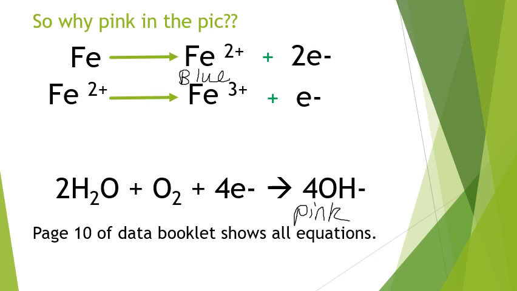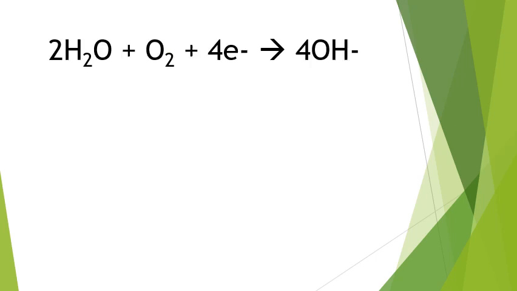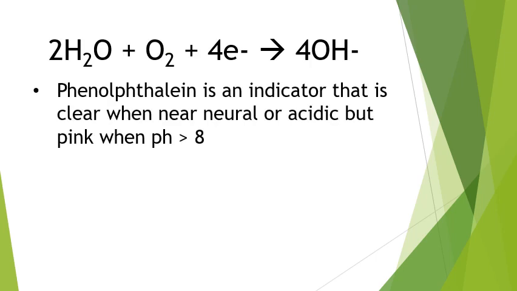So, if you were to do this experiment with phenolphthalein indicator only, then the indicator in the bottle is clear. And it's clear when it's near neutral or acidic, but it turns pink when the pH is greater than 8. So we are talking about alkaline solutions.